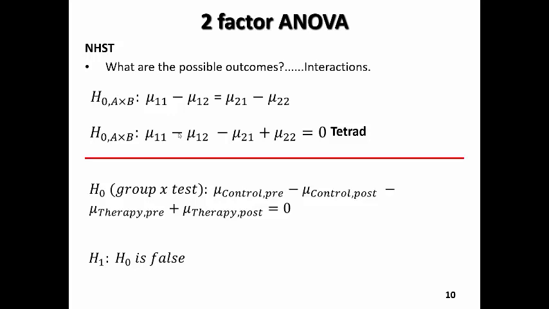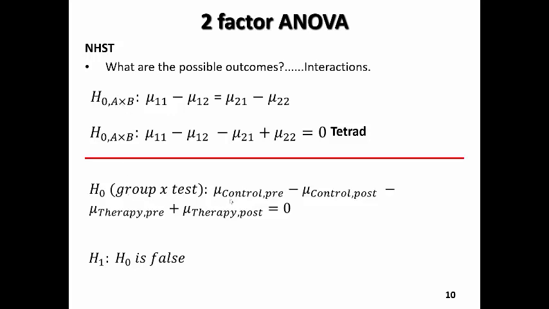Now, to be specific to the research study in our running example here, we're going to put a little bit more meaningfulness to this. So we're going to change the numbers to the levels that we labeled for the 2 factors. And so the null hypothesis, instead of stating A cross B, we're going to say group by test.